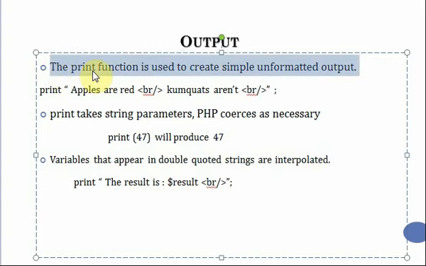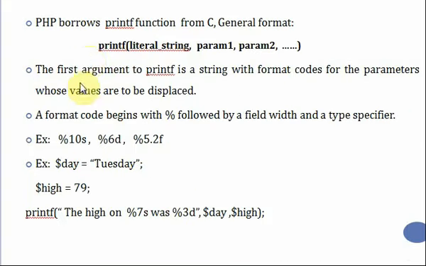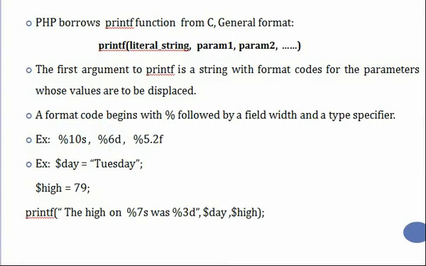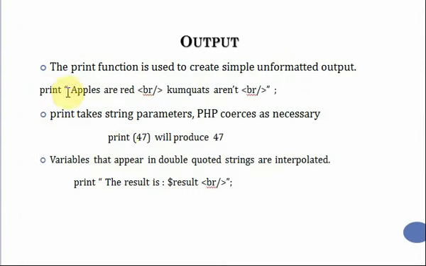So you have to remember, print function is simple, unformatted, but the next one, printf, is formatted. Okay, when you say formatted, you can use type specifiers. Within double quotes you can write, then you can also write within parenthesis.